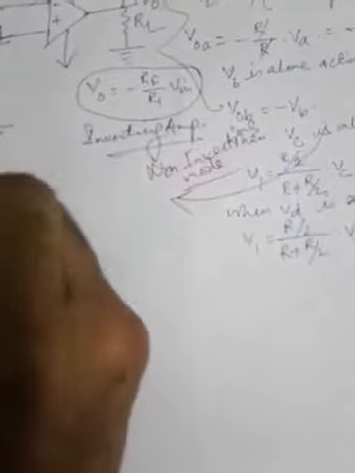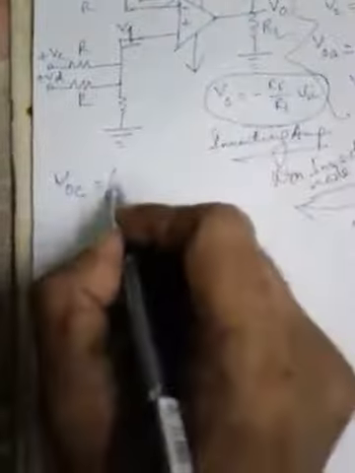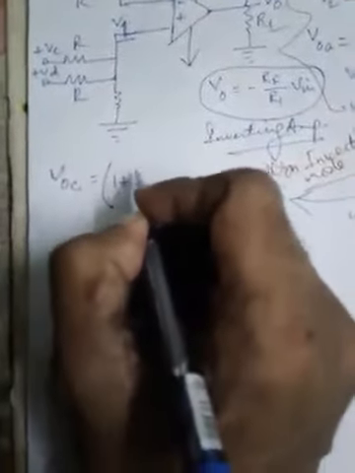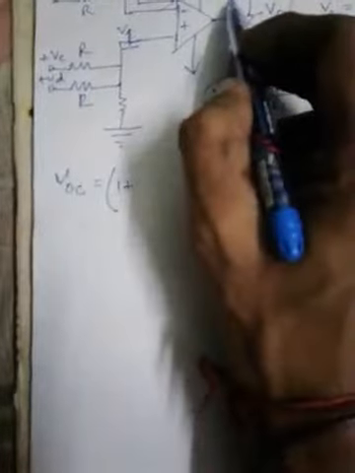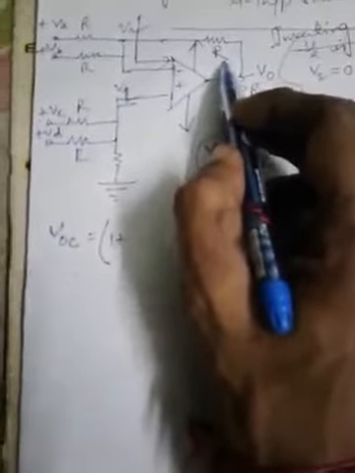So for VC acting alone, let us find, if V1 is this, then how much is Vo with respect to C, denoted by VOC, and that is the gain of this differential amplifier. It is working in non-inverting mode, that means the gain is 1 plus Rf by R1. What is Rf? The Rf resistance is R here.